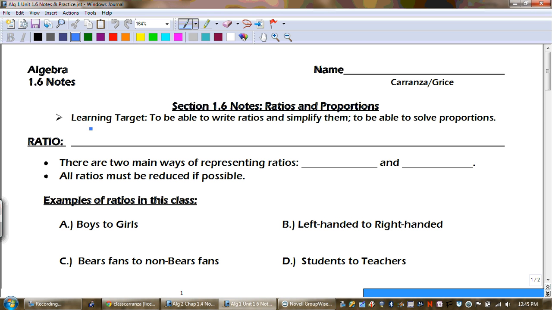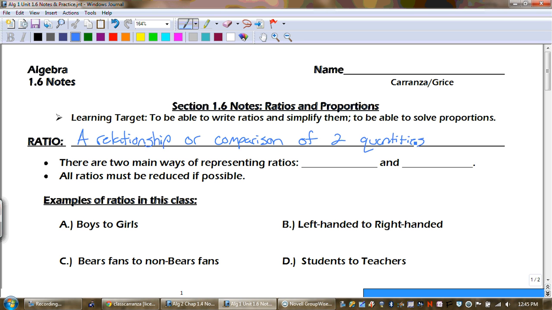Well, a ratio is a relationship or comparison of two quantities. So a relationship or comparison of two quantities.